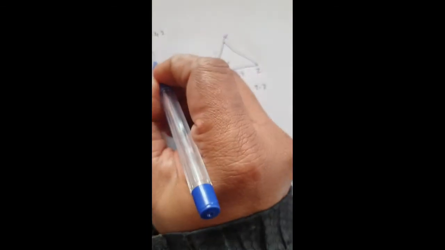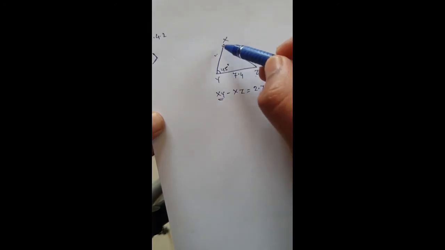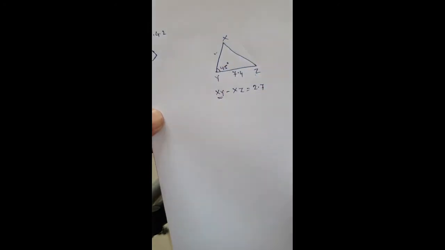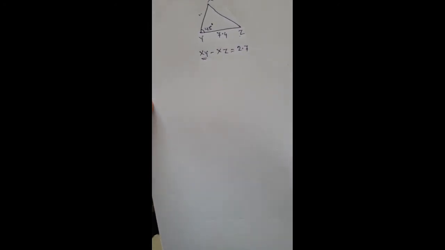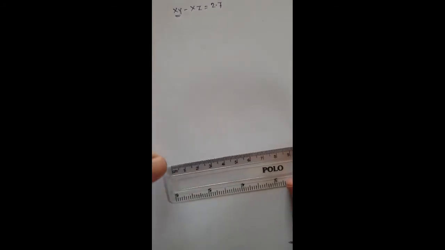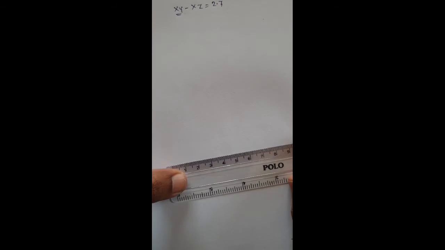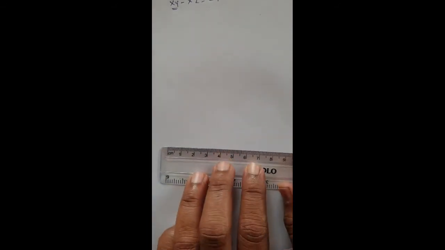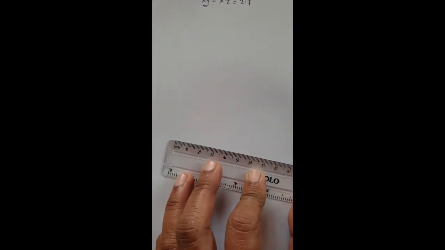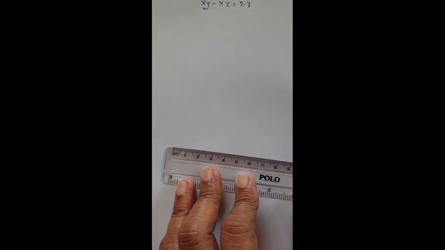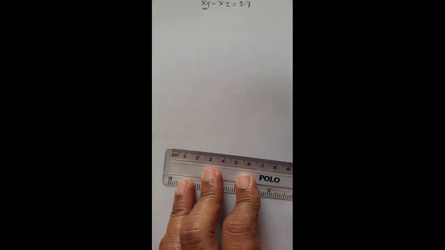In this case, XY is greater. So we have to construct the triangle. For that, first of all, we'll draw the base, 7.4, YZ.